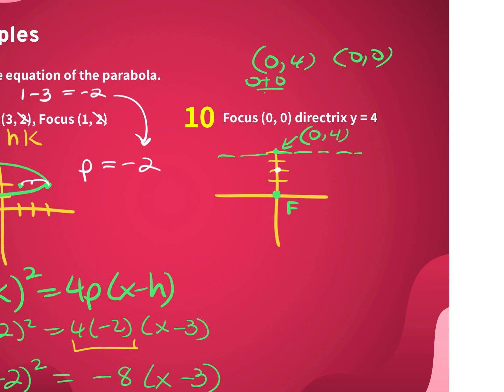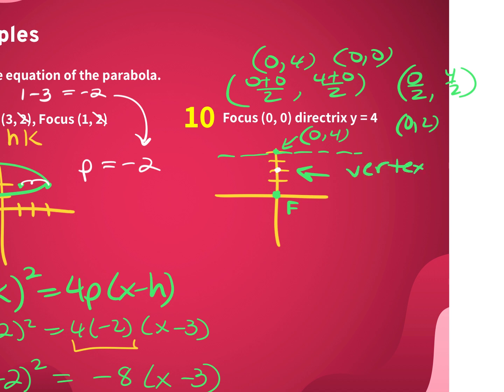My ordered pair for the vertex is 0 over 2, 4 over 2, so 0, 2, which is the same thing I got when I counted the spaces away. This was 2 spaces away, and this was 2 spaces away. So my p-value is going to be -2, because remember, the directrix is behind the parabola.